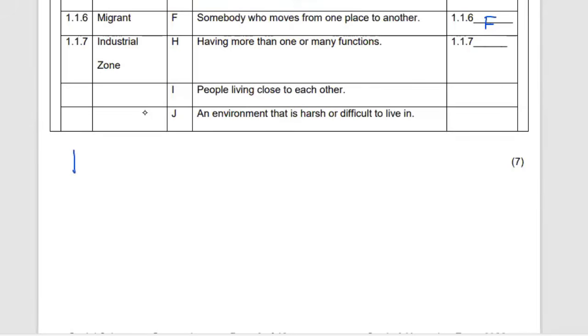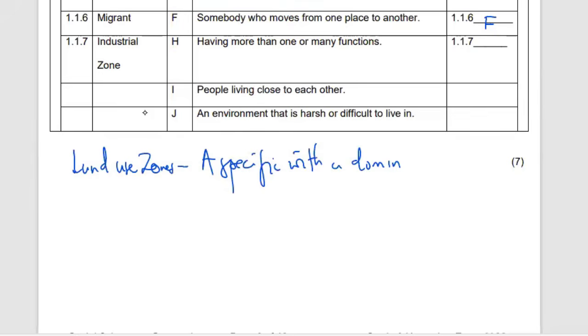When you are looking at land use zones, we are referring to a specific area with a dominant function or activity.